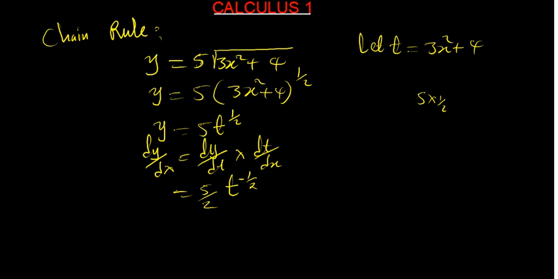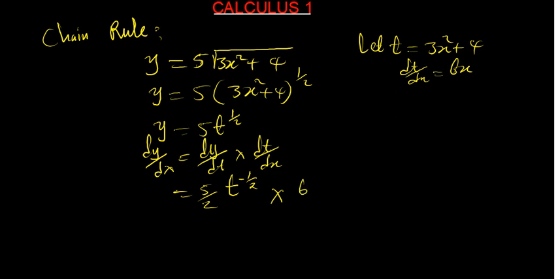Yes. And then times, now our dt over dx is this function which has got t and x in it. So if we differentiate this one, dt over dx, that is going to give us 6x. Alright.